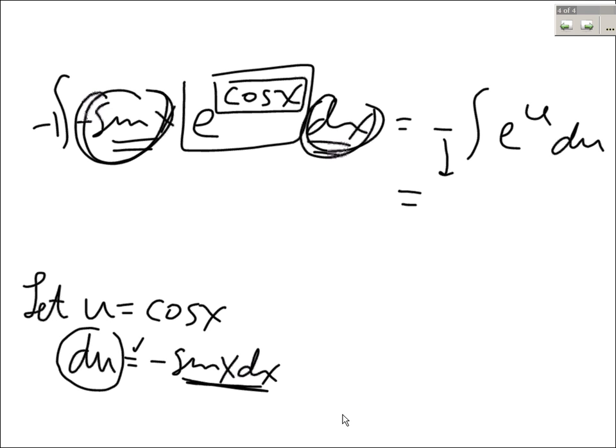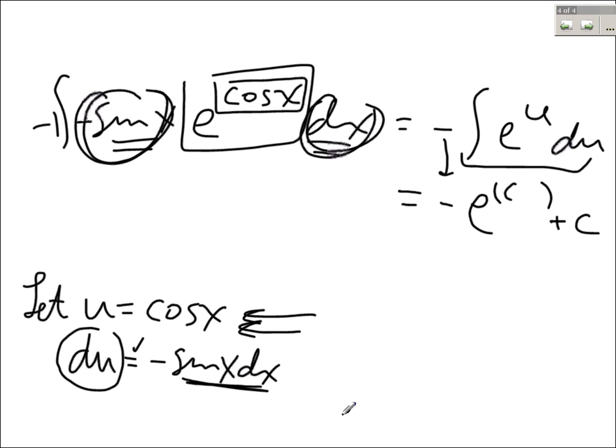There's the minus sign. The integral of e to the u du is just e to the u plus c, where u happens to be, in this case, cosine of x. There's your answer. Don't forget to write the plus c, else you lose a point.